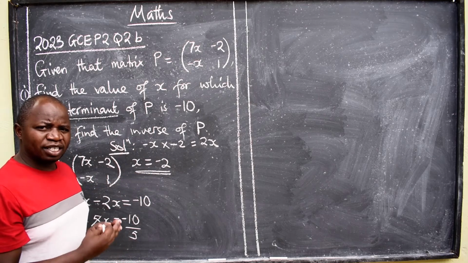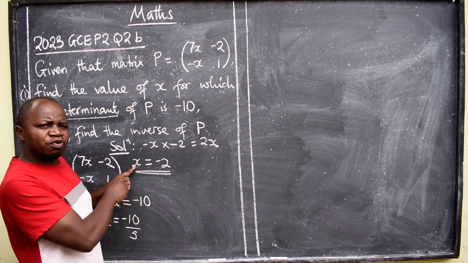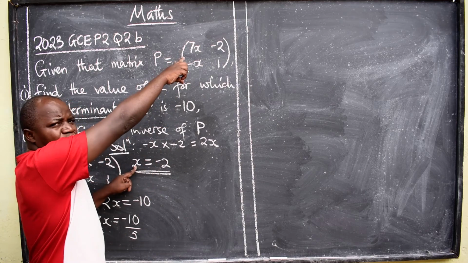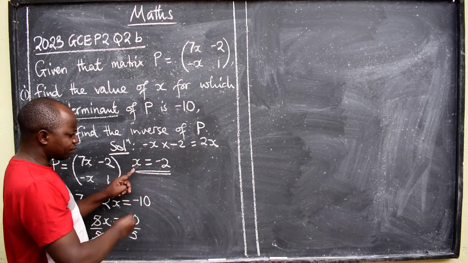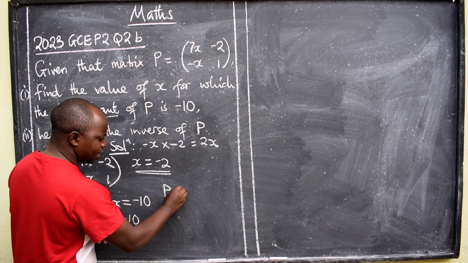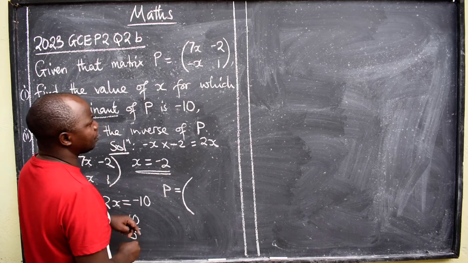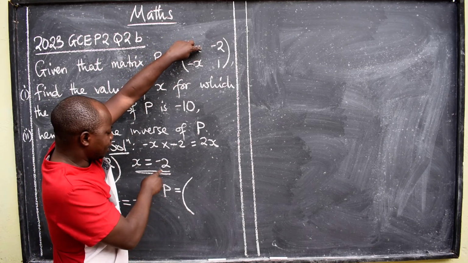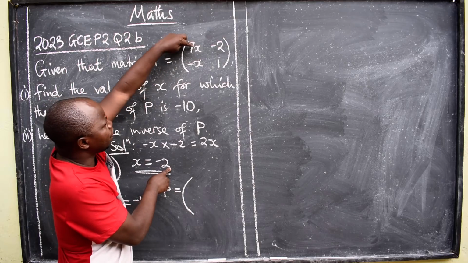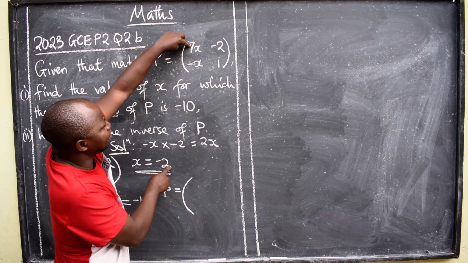From there, what next? Immediately you find the value of x, substitute in there before you look at the next question. So now, our matrix P will look like this. 7 here, where there is x, we have said it is negative 2. So we are going to say negative 2 times 7.